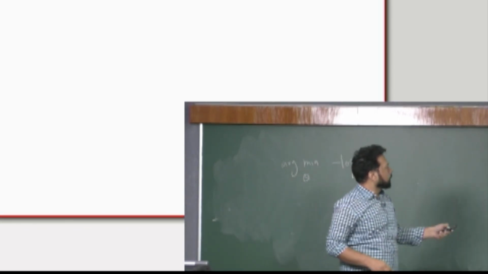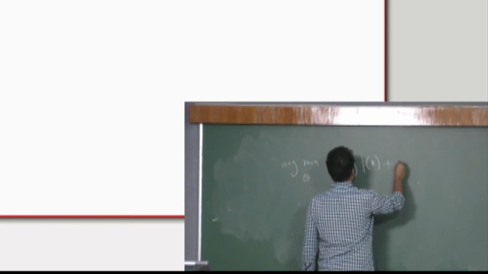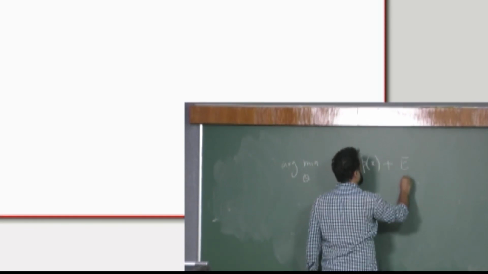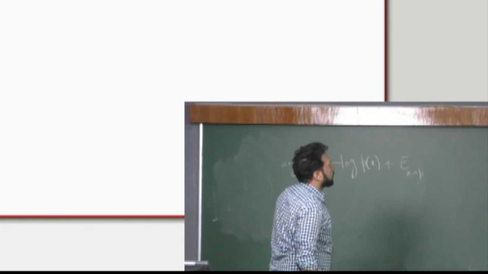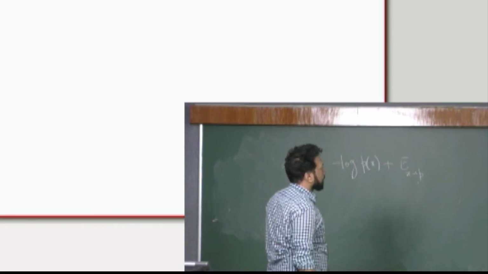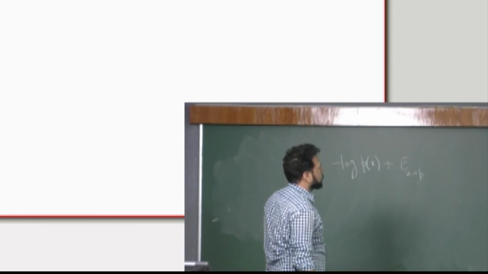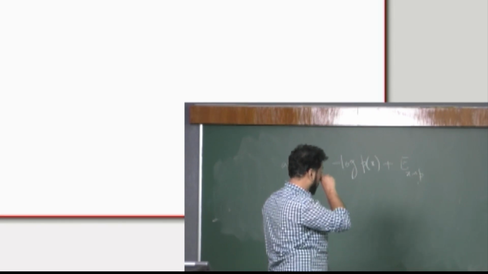And plus the KL divergence, right? So the KL divergence is basically the expectation over x of p, and I'm supposed to cancel out p. That's right.